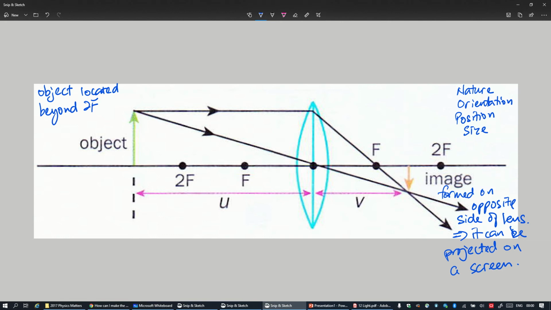So once it's formed on the opposite side of the lens, it can be projected on the screen, and hence the image is real. So in this case, the nature of the image, when the object is located beyond 2f, the image is real.